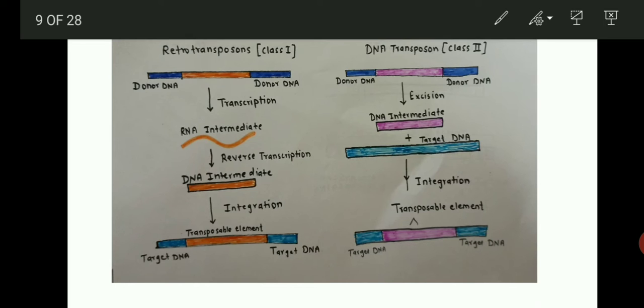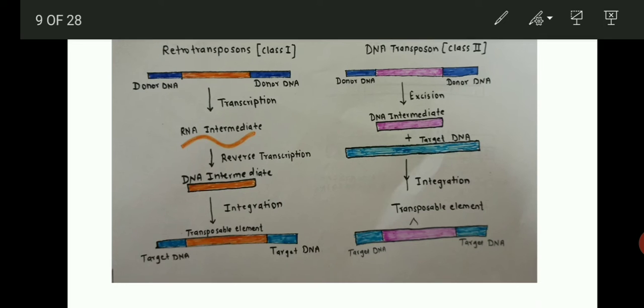So let's move on. Next is the DNA transposon, that is, the class 2 DNA transposons. Here you can see the donor DNA indicated by the blue color, whereas the DNA transposon is in pink color. As we have discussed, direct excision of this DNA segment takes place, forming a DNA intermediate first, and that DNA intermediate gets incorporated into the target DNA, indicated by the light blue color.